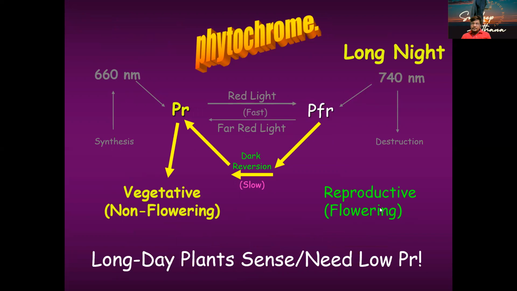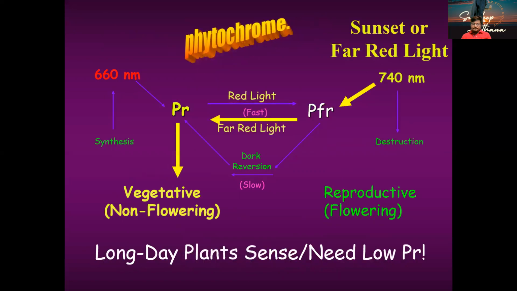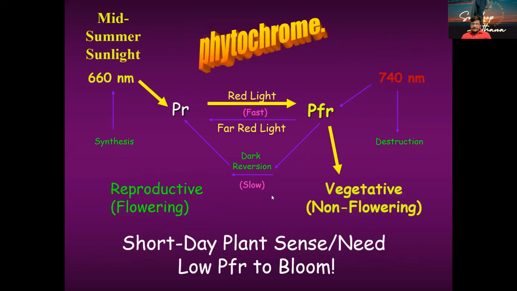So if PFR is more than PR, the flowering is going to happen in the long day plant. Another thing you can see over here is the sunset or the far red light, which is around 740 nanometer. This is causing the PFR to be converted to the PR. So again, the flowering is going to be affected.